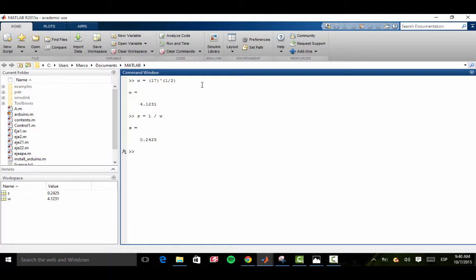After this, we're going to put it in the general transfer function. In the numerator of the transfer function, we have k equal to 1.